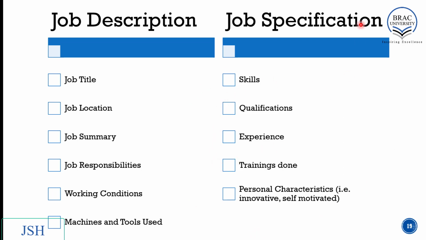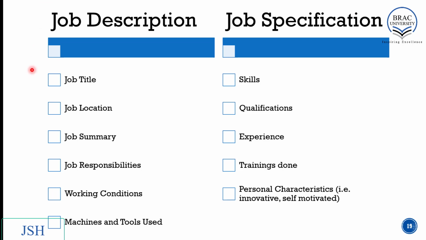That is why it comes under job specification. And just to add one more note, by trainings done, I mean what are the trainings needed or what are the trainings done by the person who is supposed to do the job. So again, this one also explains the person, and that is why it comes under job specification.